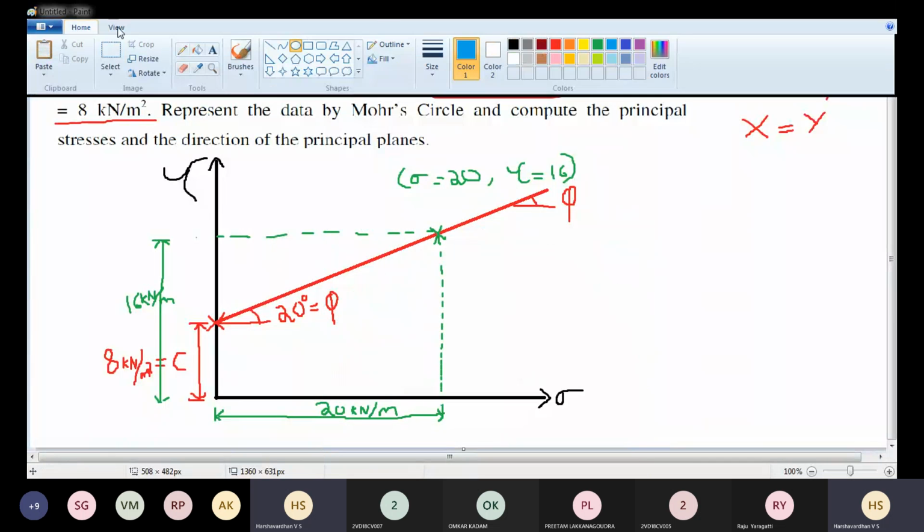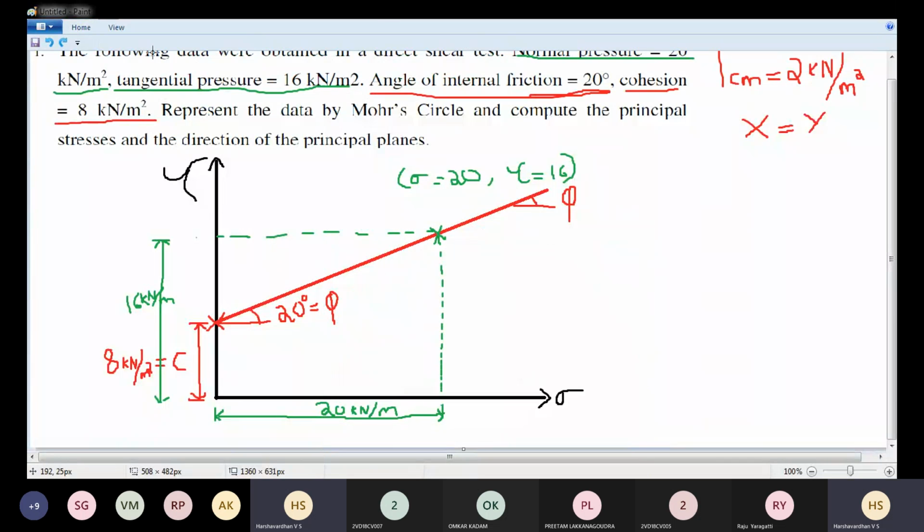From this point I'll drop a perpendicular. Let this point be F. I'll mark this point as F, and from point F I will drop a perpendicular to the Mohr envelope, till it touches the x-axis.